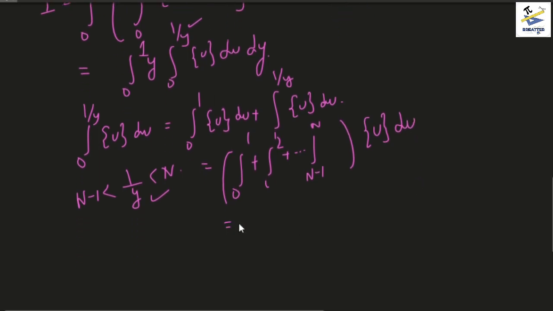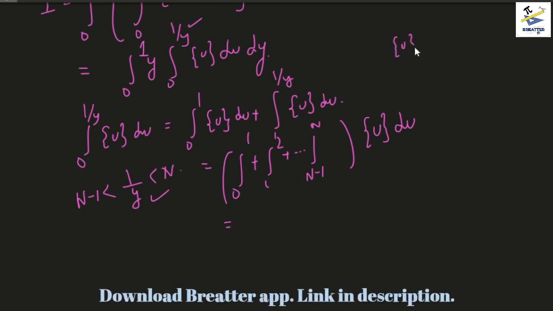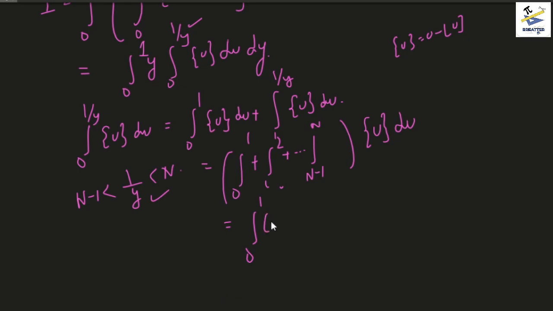In each interval, since fractional part of u is just u minus box of u, and box of u is just the lower limit, we will have 0 to 1 u minus 0 du, plus 1 to 2 u minus 1 du, and all the way up to n minus 1 to n u minus n plus 1 du. This would be our resulting expression.